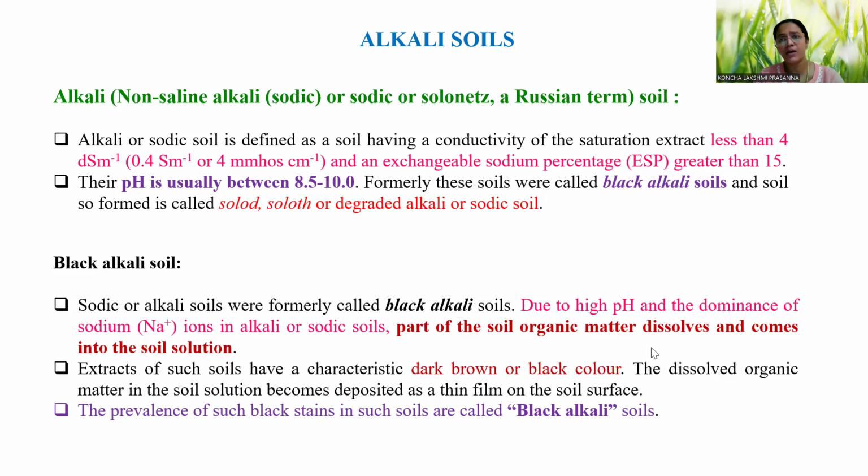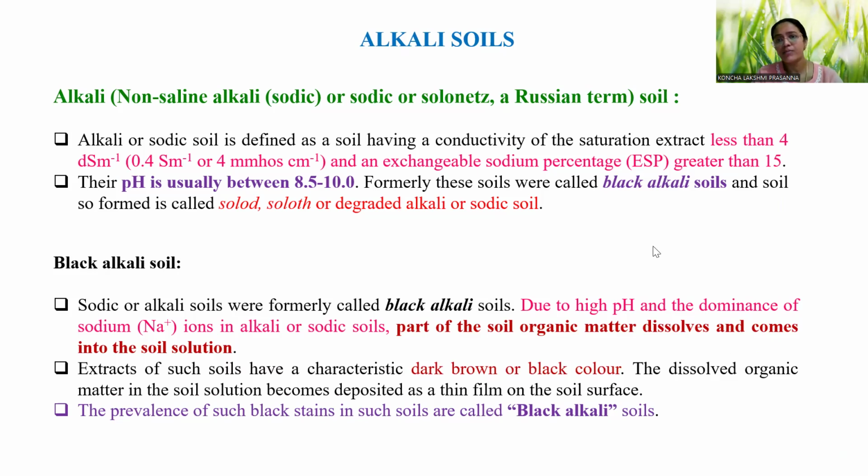So alkali soils are also termed solonetz, which comes from the Russian word. They have a pH of 7.5 to 8.5, EC of less than 4, exchangeable sodium percentage greater than 15, and sodium adsorption ratio greater than 13.